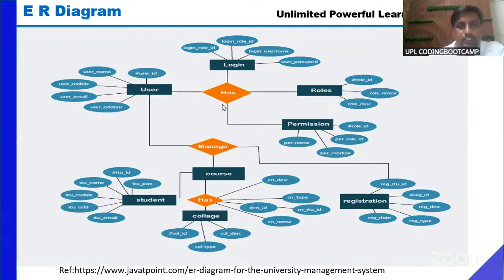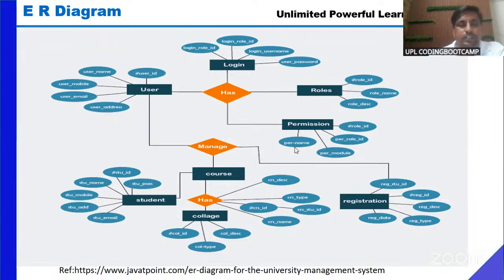The diamond shape is a relationship, and these are called attributes. This is how association works. User manages course. Course may have a course type. Student is there just for information.